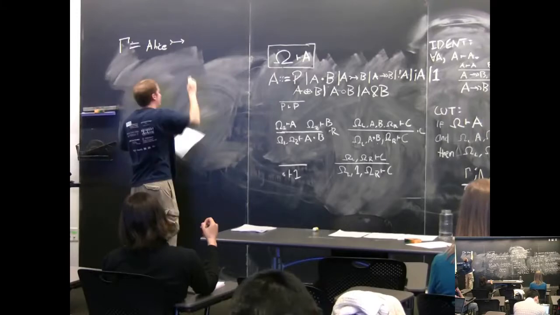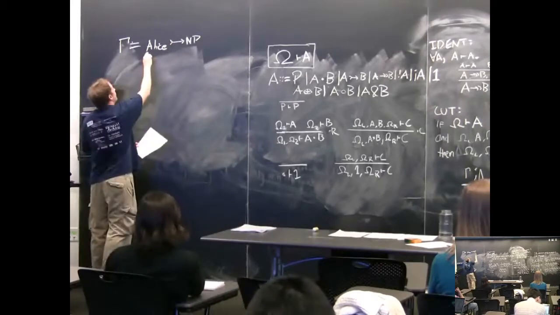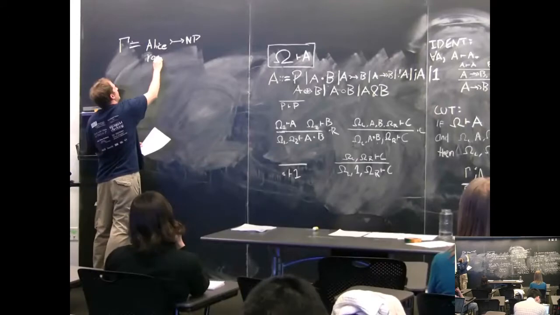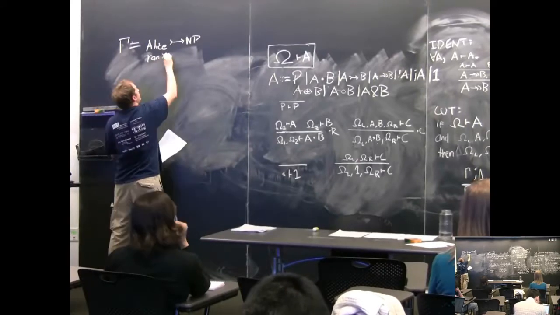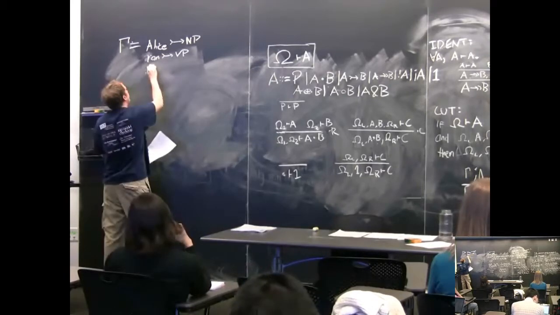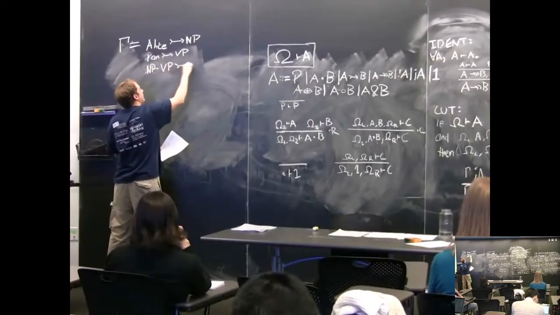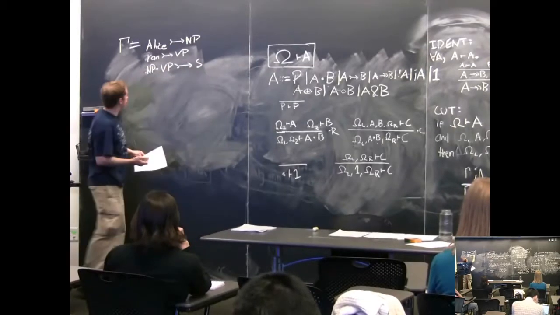Alice is a noun phrase. And saw, or ran, is a verb phrase. And a noun phrase followed by a verb phrase is a sentence.